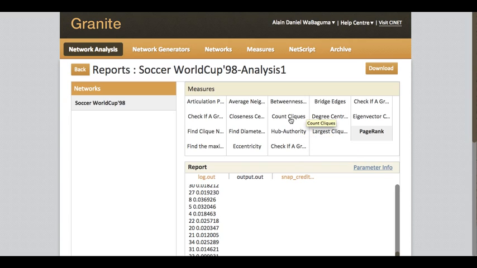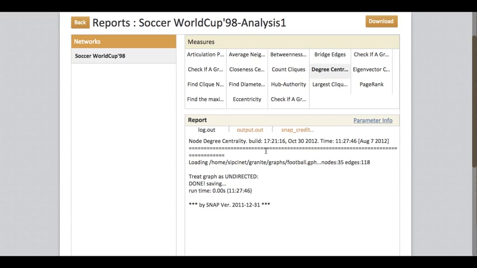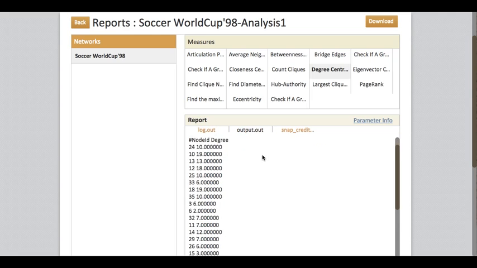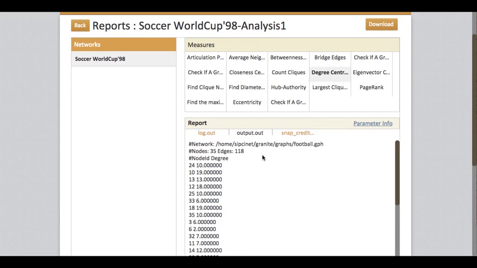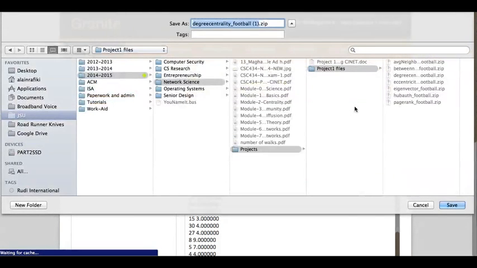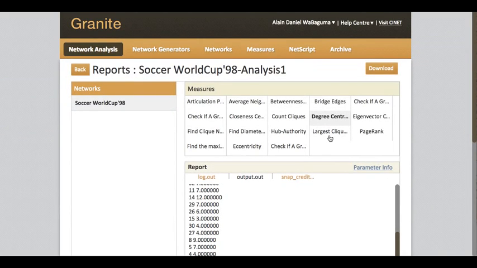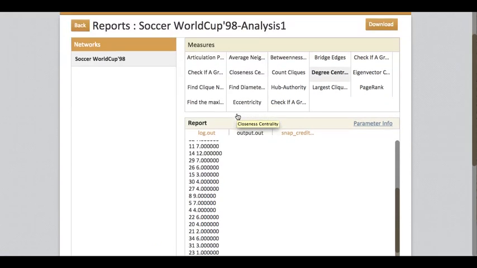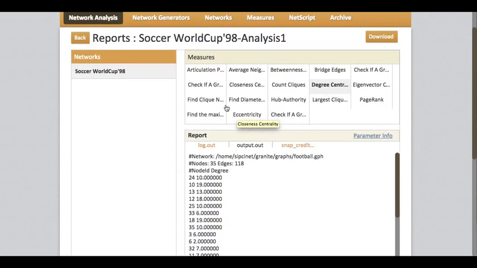So I've used, did I do degree earlier? Degree centrality? I think I did. Let me just re-download because I'm going to need that. Oh, I did already. Never mind. All right. So that's it for these measures.